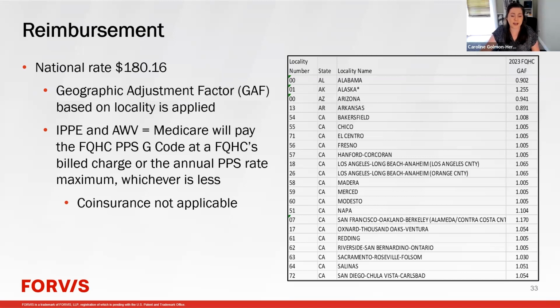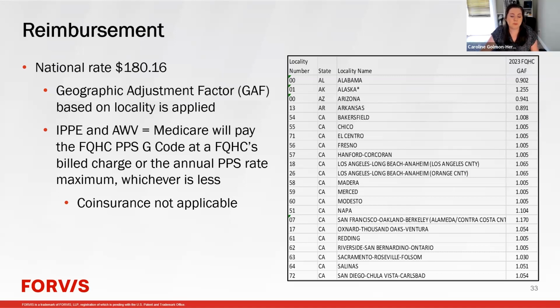The national rate is $110.16. The GAF, or the geographic adjustment factor, is based on the locality that is applied. So you can see the chart that's listed here. It'll list the locale and their associated 2023 FQHC GAF factors.